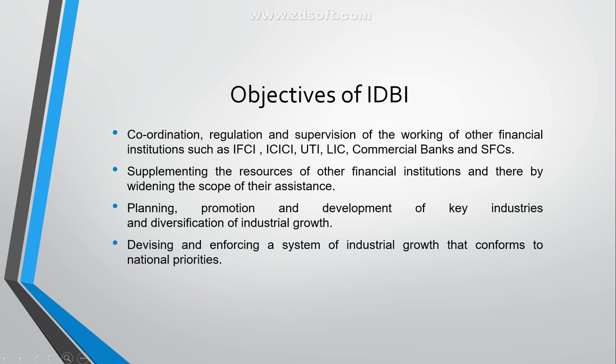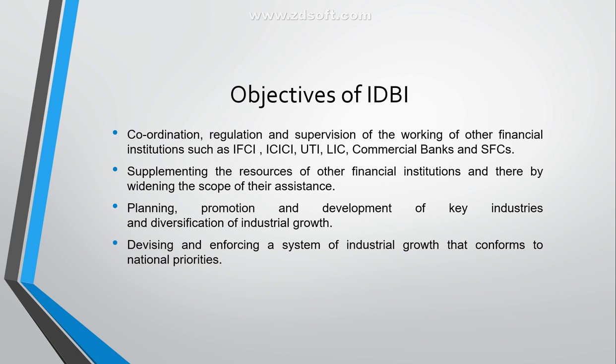Moving ahead, devising and enforcing a system of industrial growth that conforms to national priorities. Earlier in the previous sessions, we discussed that non-banking financial institutions play a vital role in promoting industrial growth as well as economic growth.